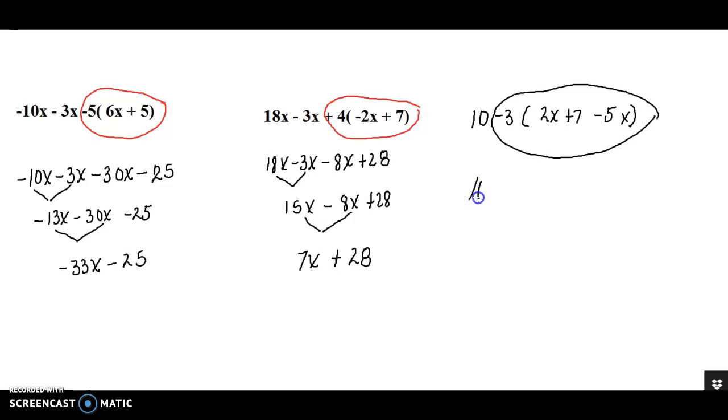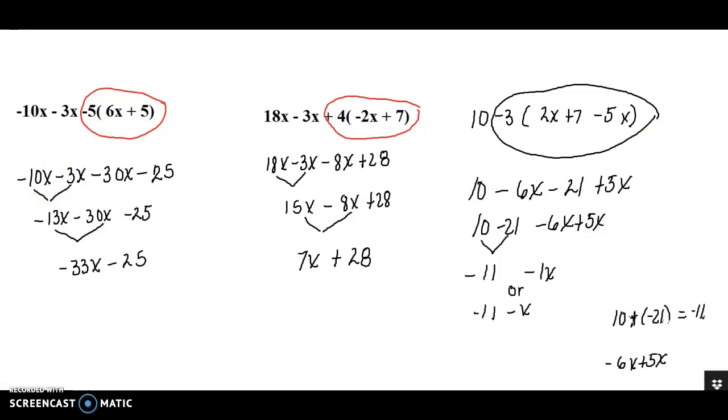So we have 10 minus 6x minus 21 plus 5x. 10 minus 21 minus 6x plus 5x. See if you can finish the problem. Now your answer should have been negative 11 minus 1x.